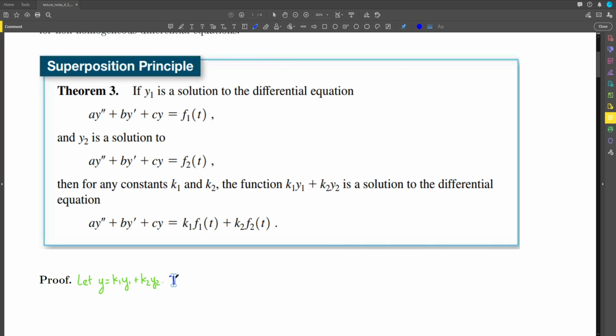So we need to show that if we do a times y double prime, and then plus b times y prime, and then plus c times y, that equals k1 times f1 plus k2 times f2.